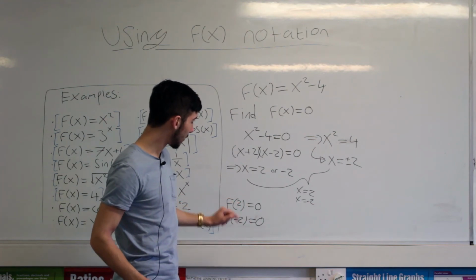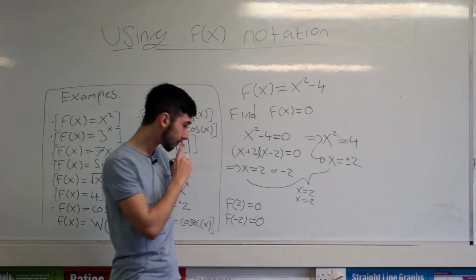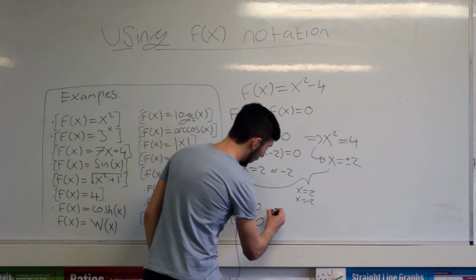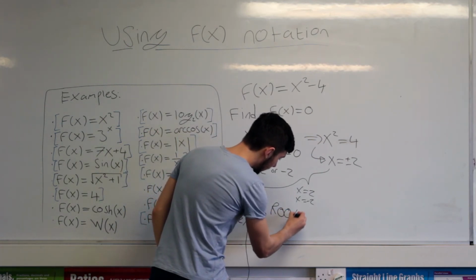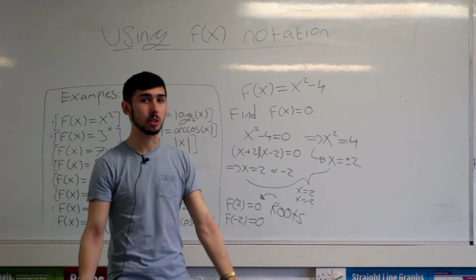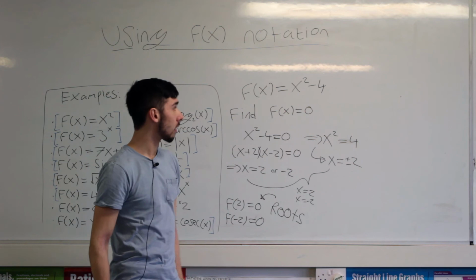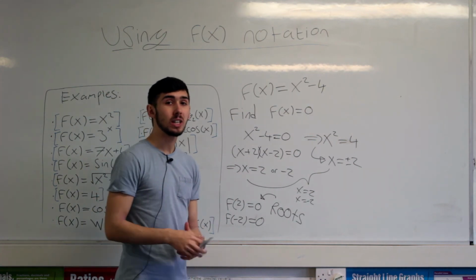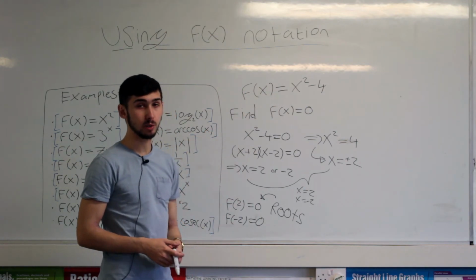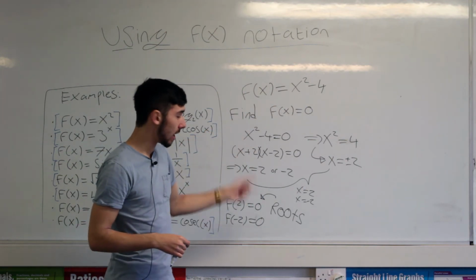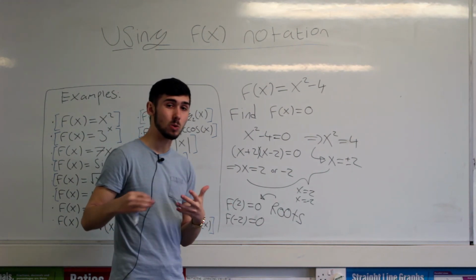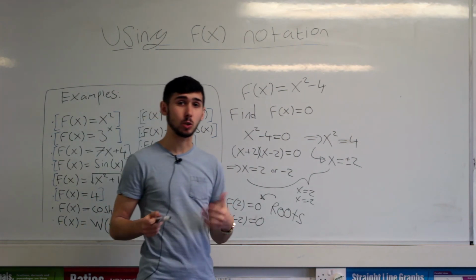You call these roots, okay? You would call these the roots of the function. That's just something that you need to know. A question could equally say, find the roots of the function x squared minus 4. That means find the values of x such that f of x equals 0, okay? That's all you need to do.